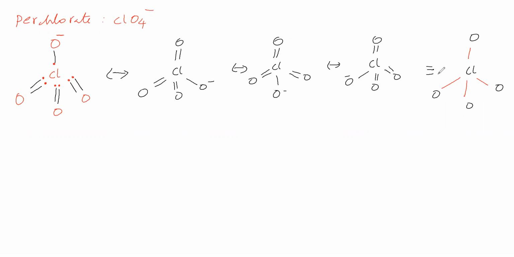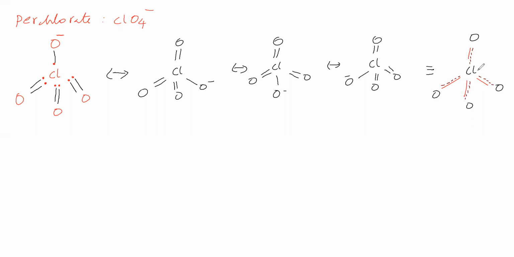Okay, so we are distributing all the 3 pi bonds equally into all the places. So here, 1/4 part of the 3 pi bonds is distributed here, 1/4 part here, and 1/4 part here, and here.